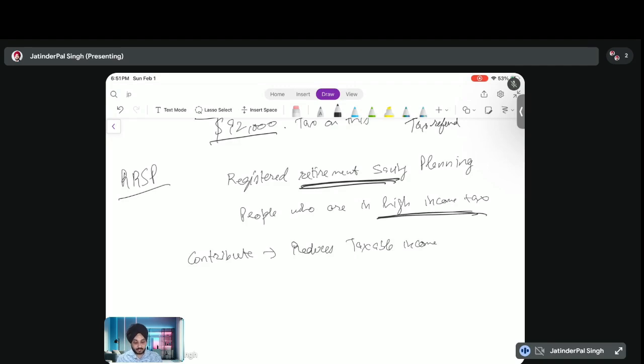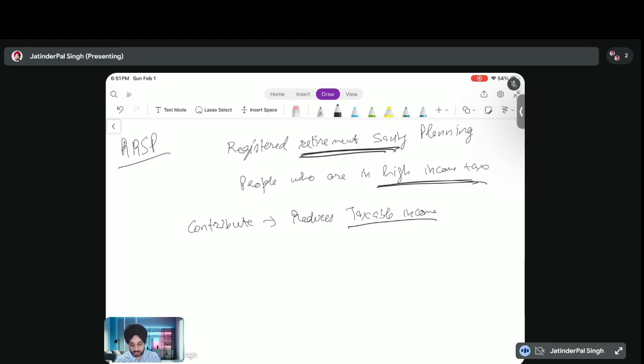It works the same as the FHSA account. Everything is the same, but when we withdraw money from this account, we have to pay taxes. I'll show you with an example how that works. So contributions reduce your taxable income, and then your money inside this account grows tax deferred. Tax deferred means you will not be taxed until you withdraw your money.